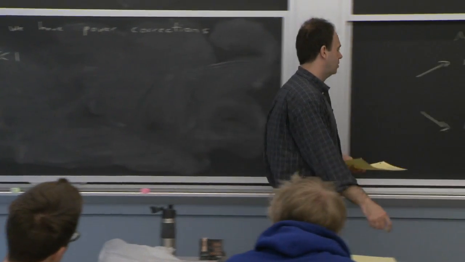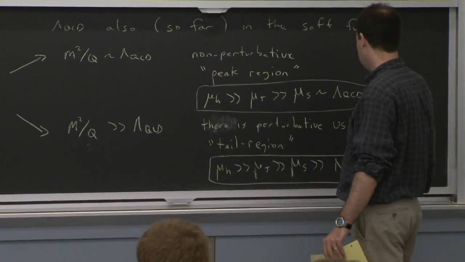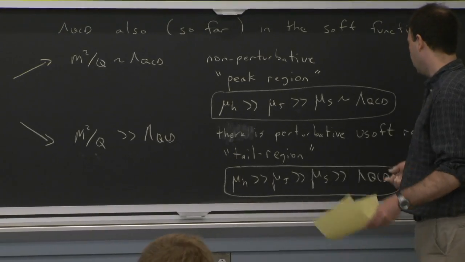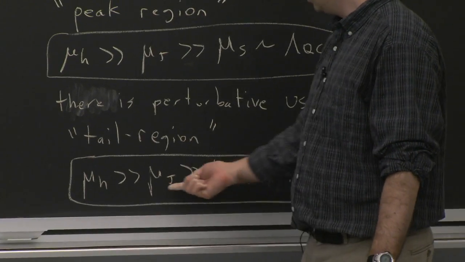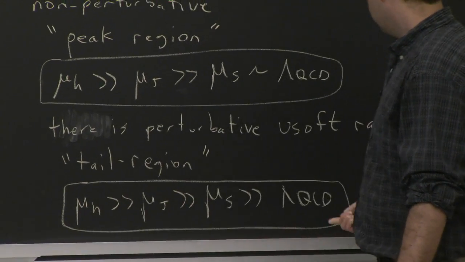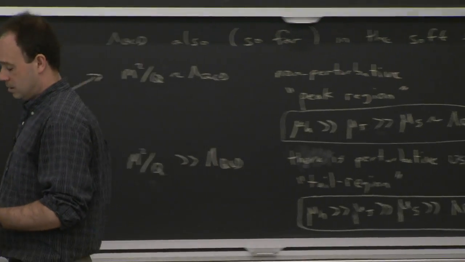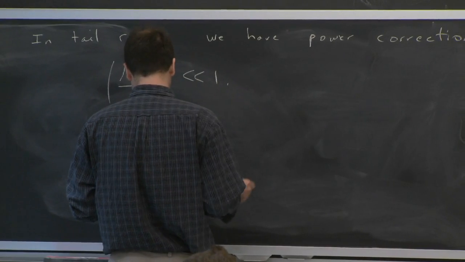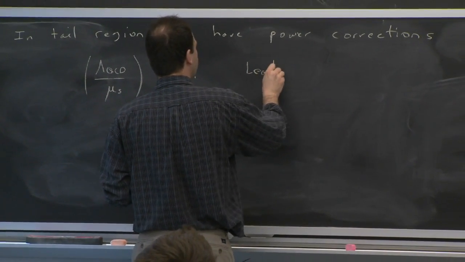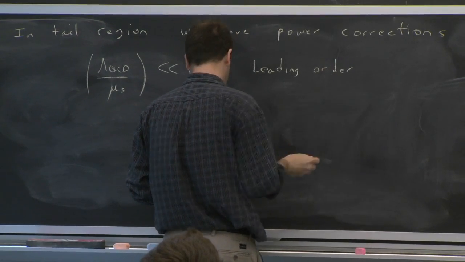So in the tail region, you can have power corrections that are non-perturbative, by having ratios of lambda QCD over this, over that. But the biggest ones are these over the soft scale. So that's the next smallest scale.